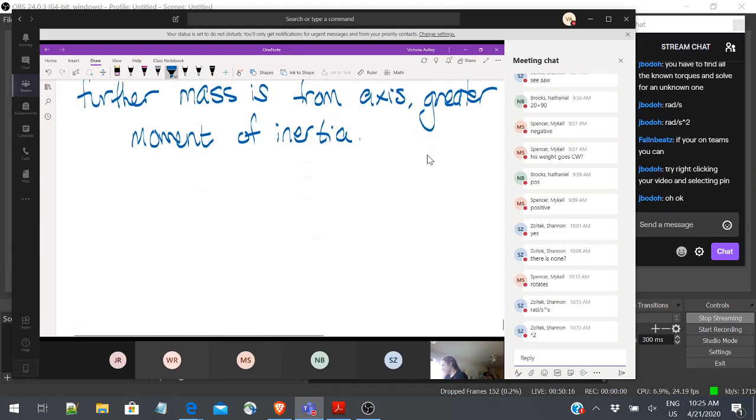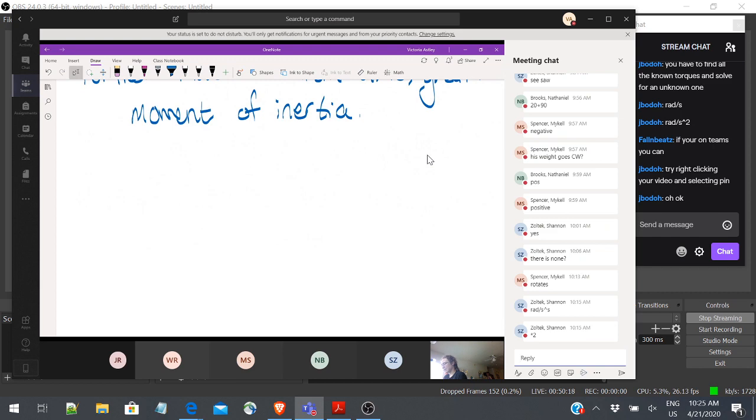Okay. And we express this by saying, for a point mass, so if all of the mass is like a ball that is heavy on a very light stick or a very light string, you can basically pretend that it's all the mass in one little dot.